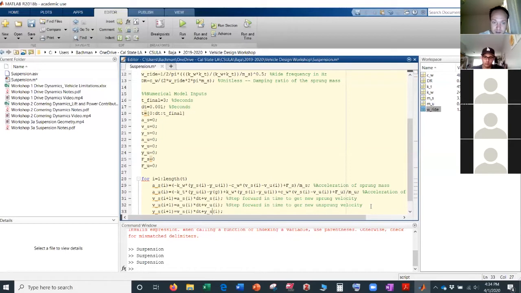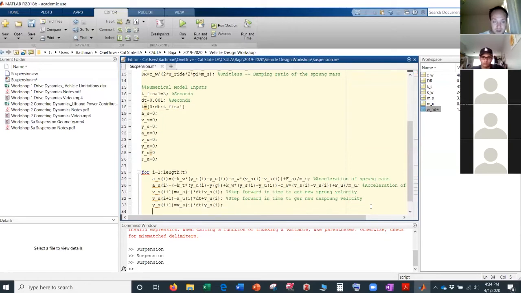And then y of the unsprung mass at i plus 1 is going to be equal to the velocity of the unsprung mass at i times dt plus y of the unsprung mass at the last time step.